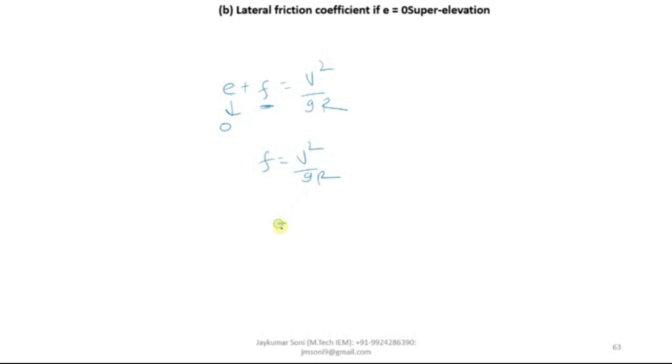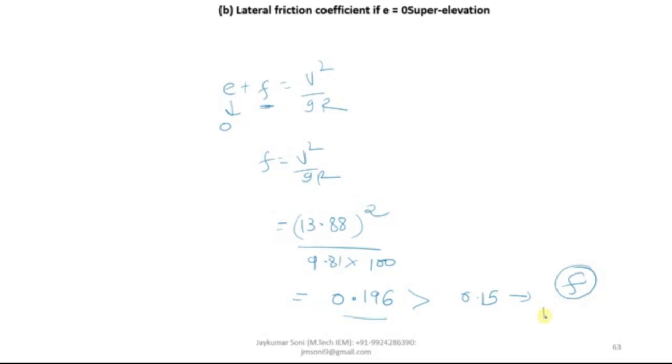The value of V is 13.88, which we have calculated in meter per second, g is 9.81, and R is given as 100, and this comes out as 0.196. What is the maximum permissible value? 0.15. 0.19 is greater than 0.15, so the F which is found out here is not permitted.